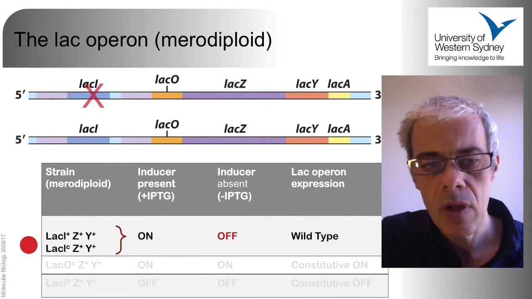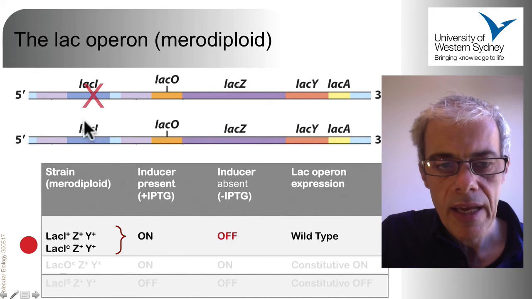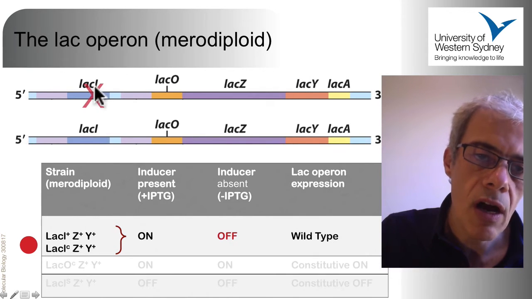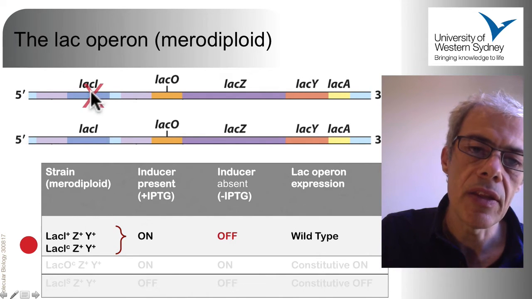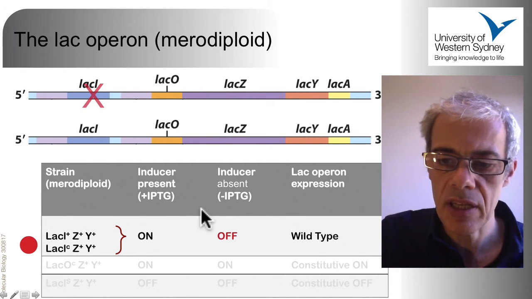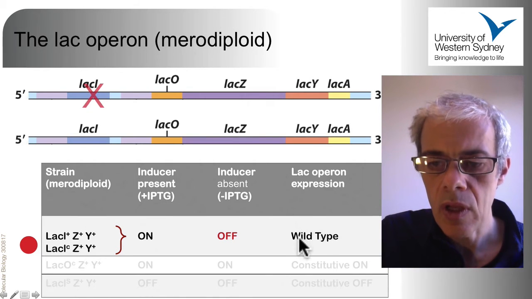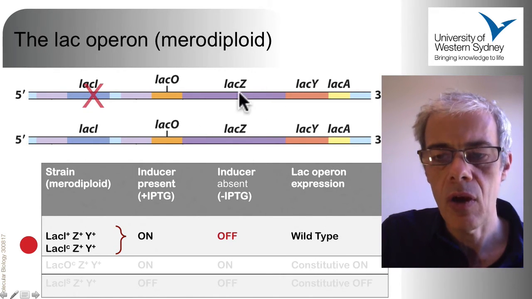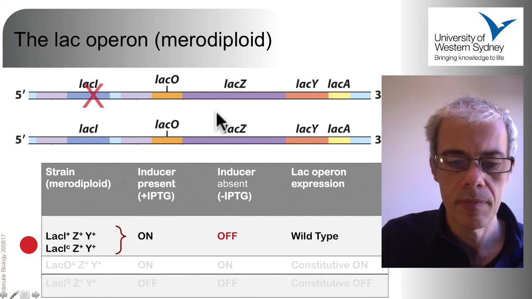So Lac-L wild type was able to overcome the mutation in the Lac-L gene, and the wild type product was able to return that cell into normal expression. So this product could turn this copy of the gene off.